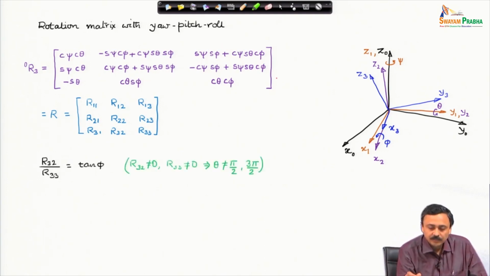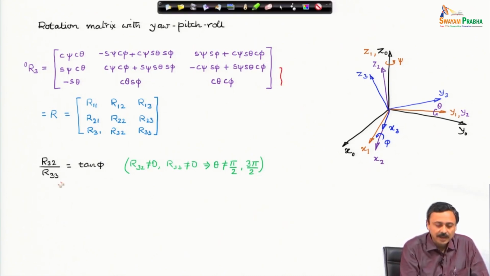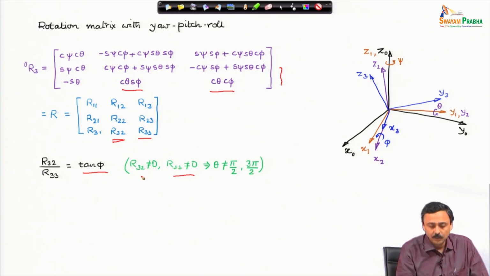Note, from the general matrix, this one, R 32 by R 33, R 32 is this and R 33 is this, the ratio of these two is tan phi. Therefore, when I take the ratio of these numerical values, that should be tan phi. This holds if R 32 is not equal to 0 and R 33 is not equal to 0.